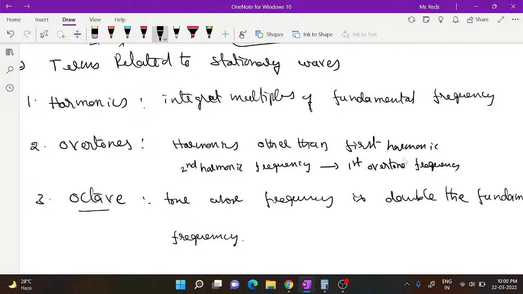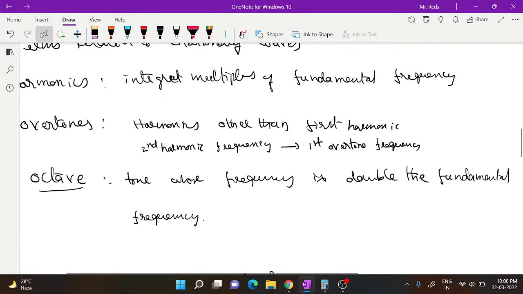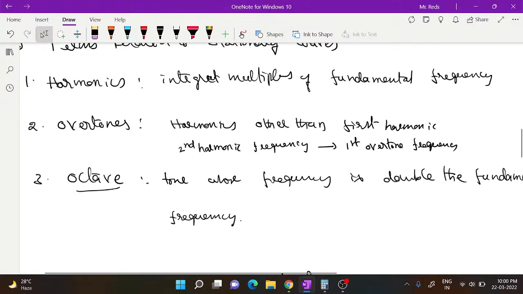Plus octave. Octave means the tone whose frequency is double the fundamental frequency. If you are asked to find the octave in a particular case, you have to find the fundamental frequency and multiply it by 2. That will give you the octave frequency.